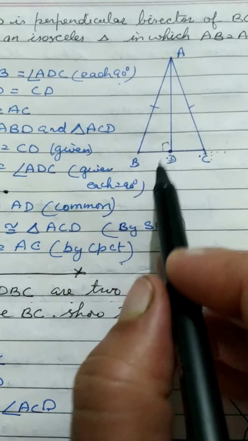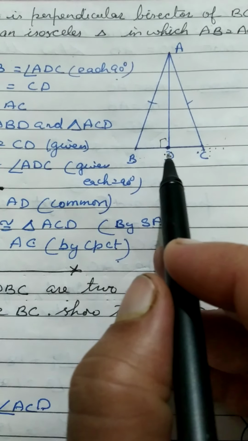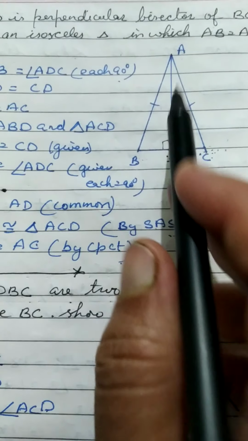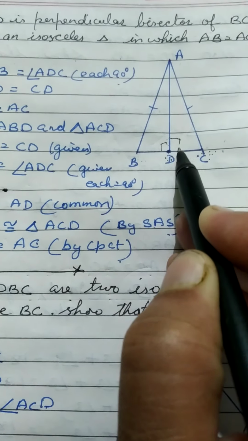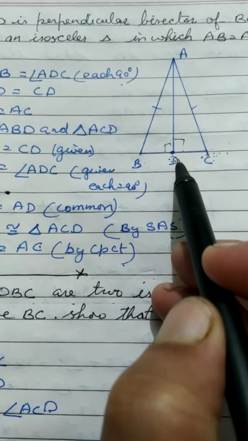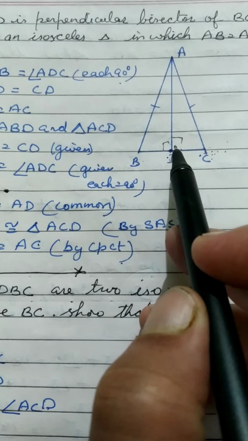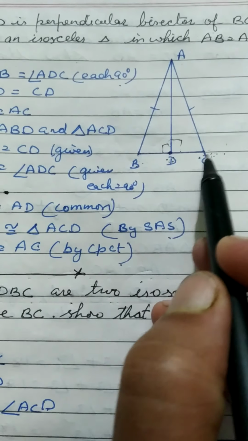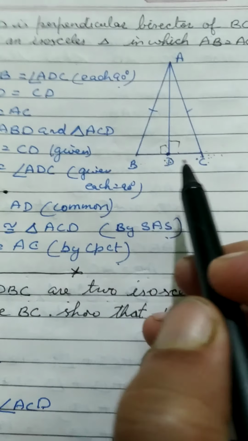In these two triangles, given is that DB is equal to DC, angle ADB is equal to angle ADC, each equal to 90 degrees. Then AD is equal to AD, it is common in both the triangles. It means that triangle ADB is congruent to triangle ADC by side angle side condition.